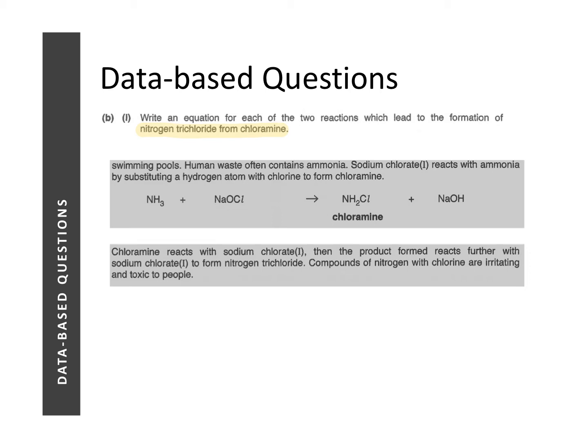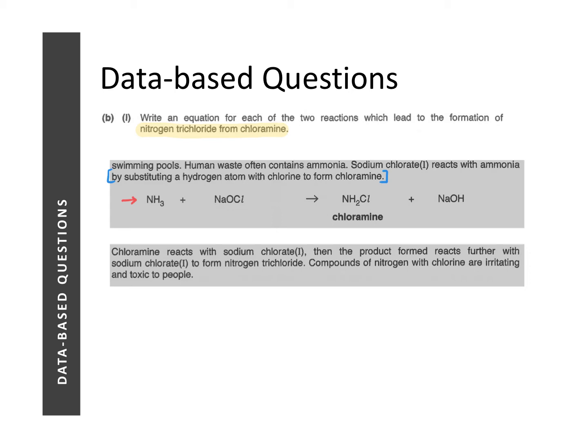Answer is yes. If you can recall, there was an equation given where ammonia reacts with sodium hypochlorite, and earlier I also mentioned that there is a pattern that's described in the passage.